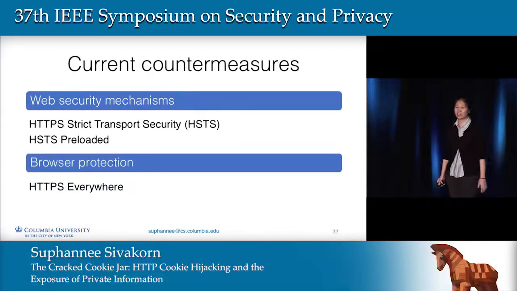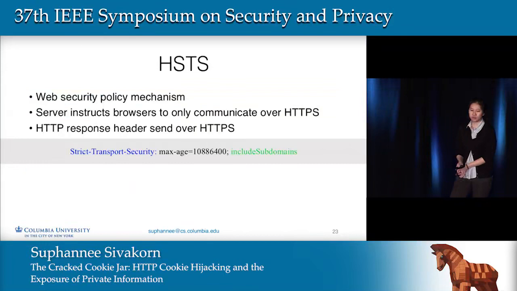So we looked at the current countermeasures that we have: HSTS and HTTPS Everywhere. Let's talk about HSTS. HSTS is a web security policy mechanism that lets the server instruct the browser to communicate only via HTTPS.